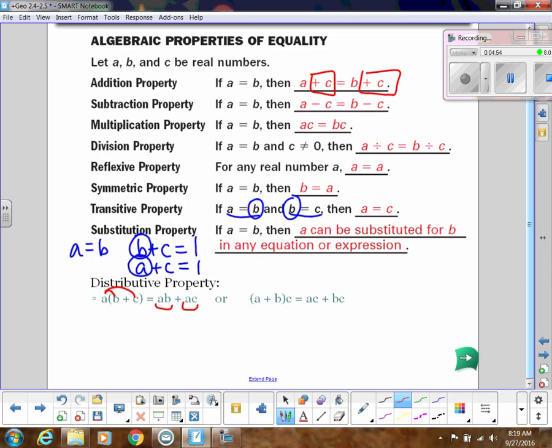Okay, same thing, it can go backwards too, right? So I think you know the distributive property, just know that whenever you do that you can use that as a reason for why you're doing that. Okay, so all of those are properties, and those are going to be reasons that we use to justify how we know something. So let me show you how we're going to use these properties.